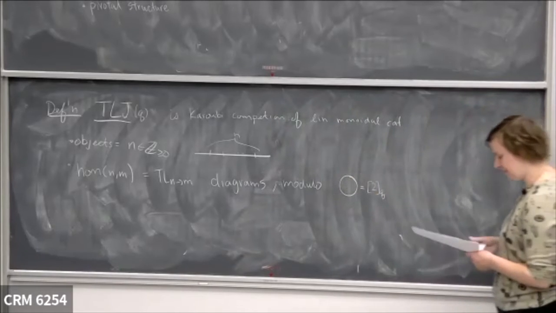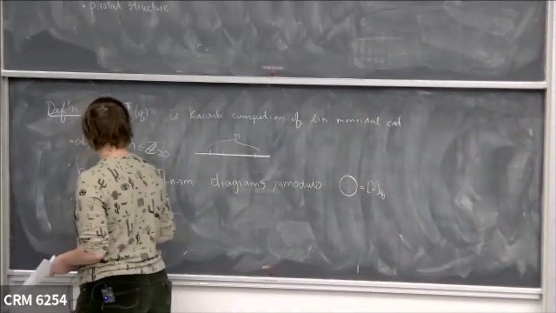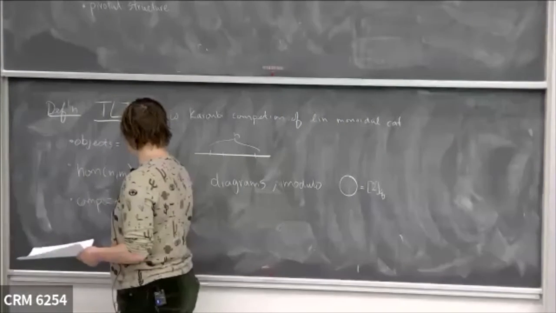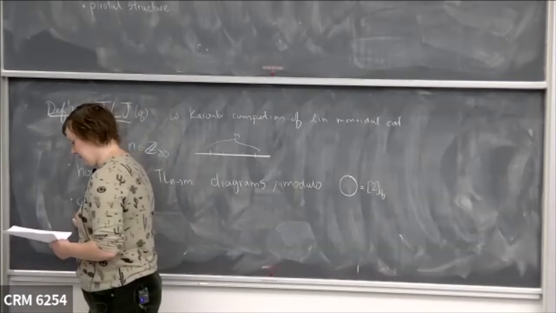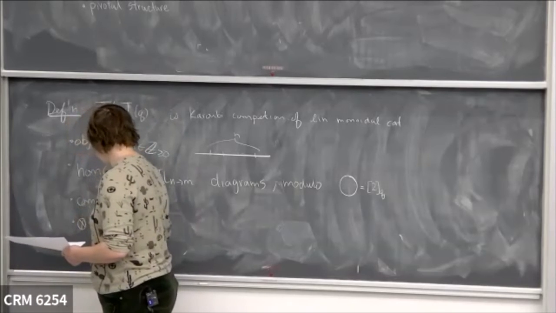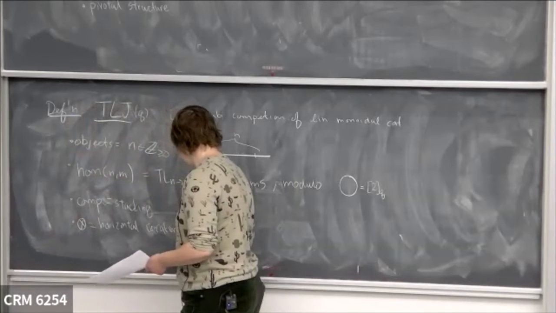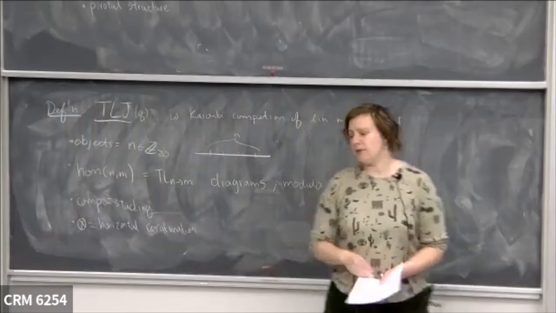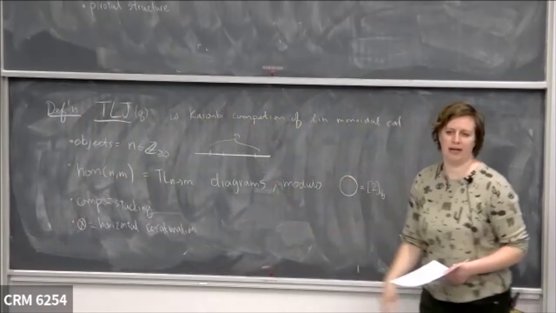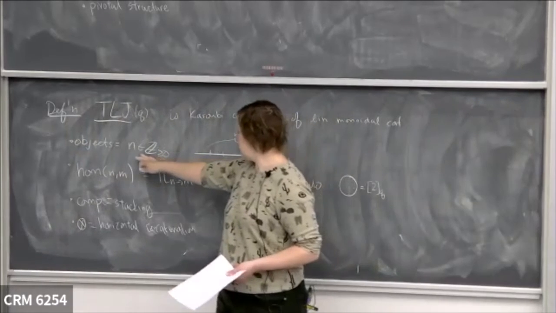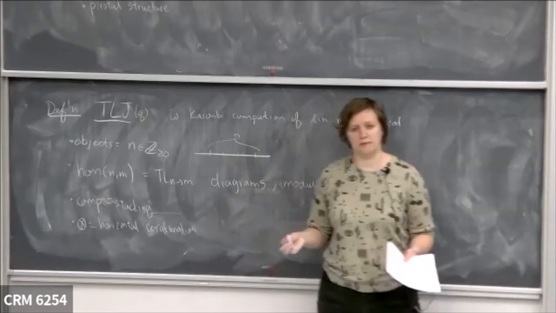As we've already seen, the composition in this category is what we get from stacking morphisms, and tensor product is horizontal concatenation. Before I threw the words Karoubi completion in here, this was actually a pretty simple category. You have one object for every integer 0 and higher, and you have your Temperley-Lieb diagrams as your morphisms.